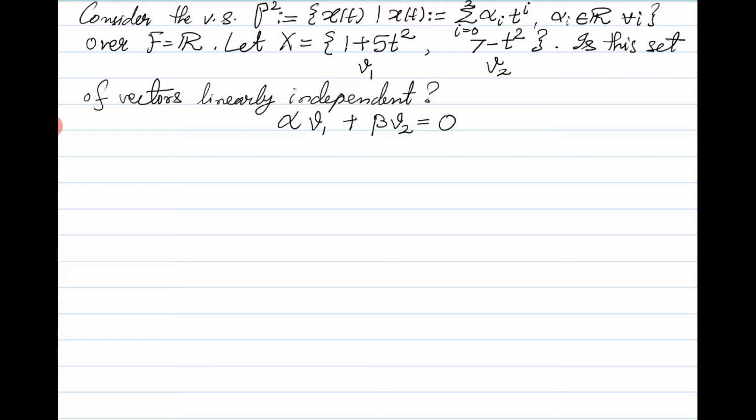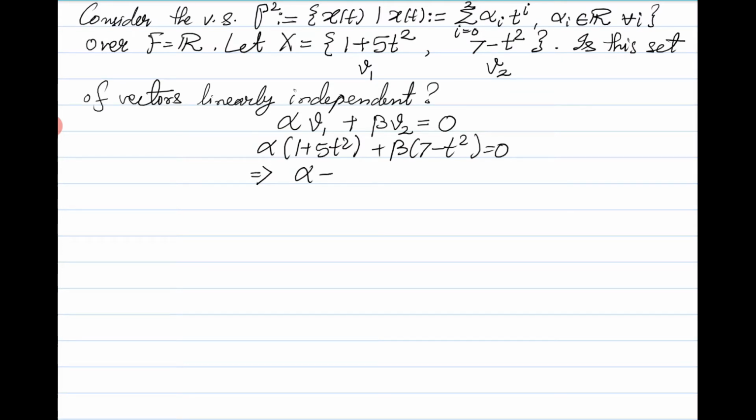So what we have is alpha times 1 plus 5t square plus beta times 7 minus t square equal to 0. From here we get alpha plus 7 beta should be 0 and 5 alpha minus beta should be 0.